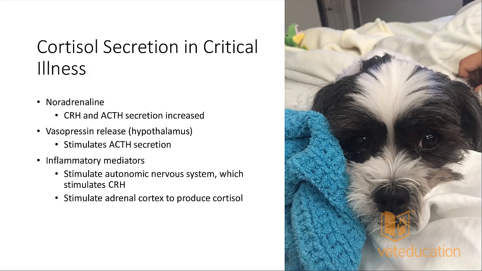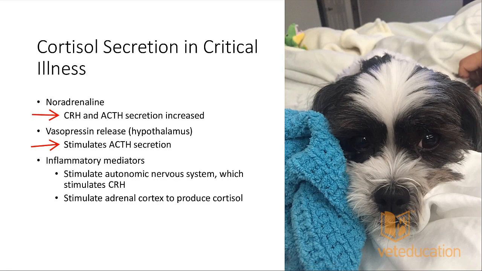Well, in critical illness, noradrenaline, because it's a stress hormone, will cause an increase in both CRH and ACTH secretion in the brain, just the same as when we're stressed, we get an increase in cortisol concentration. We also get release, when we are in shock and in critical illness, of vasopressin. And vasopressin gets released from the hypothalamus, and this increases ACTH, or adrenocorticotropic hormone. This is the hormone that tells the adrenal gland to make more cortisol. So we can see there's two big stimuli for cortisol secretion.